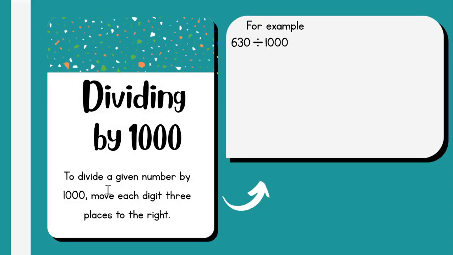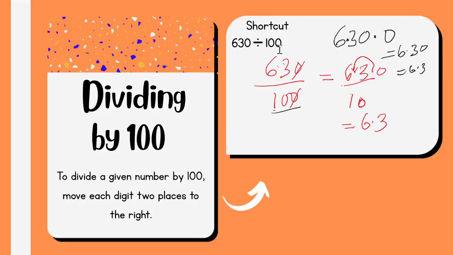So we have dividing by 1,000. We still have the same example as we used the other time. To divide a given number by 1,000, move each digit 3 places to the right. It's only when you are considering the decimal point that you move it to the left.